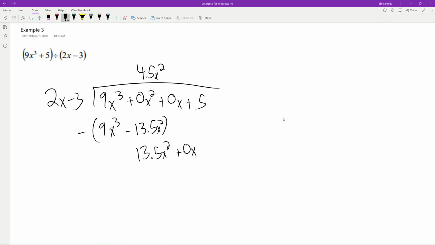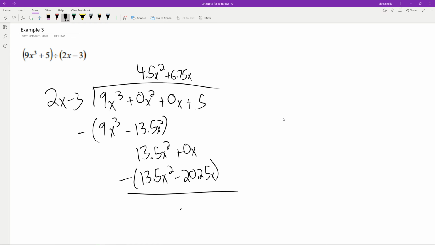6.75x times 2x minus 3. This is going to be 13.5x squared minus 20.25x.